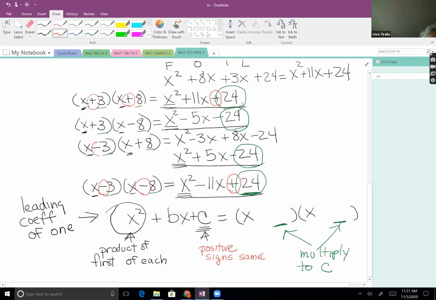And you notice if they're both negative, I had a negative in the middle. And if they're both positive, I had a positive in the middle. So if c is positive, the signs are the same, and they're the same as the sign on that middle term. See?